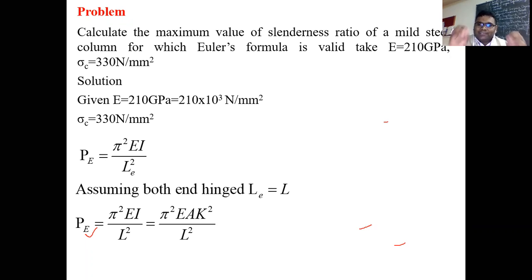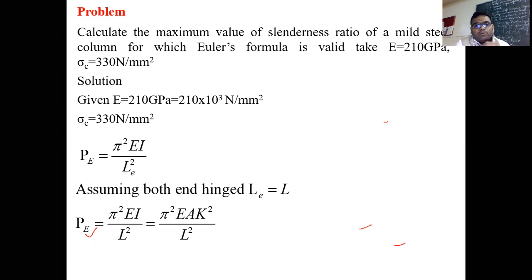Take E, the Young modulus of that material, as 210 gigapascal, and the critical stress in that material as 330 Newton per mm square. E is equal to 210 gigapascal, which you can convert into Newton per mm square, and the critical stress is 330 Newton per mm square.